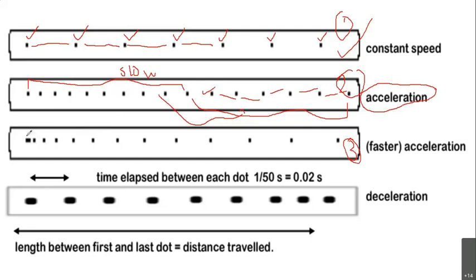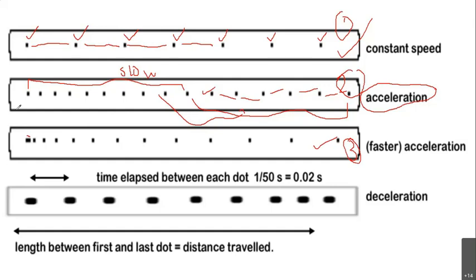So it started off slow at the beginning and it sped up. The space between the dots increased very, very rapidly. Okay, so it's not gradual, right, very slow and then very, very fast. Okay, so it changed speeds very quickly.